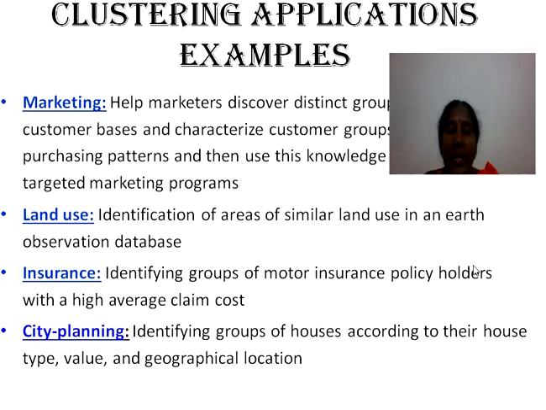Second one, land use. Identification of areas of similar land use in an Earth observation database can be done by using the clustering concept. Insurance: different insurance policy holders are available nowadays, so we need to categorize the policy holders according to their claim cost.